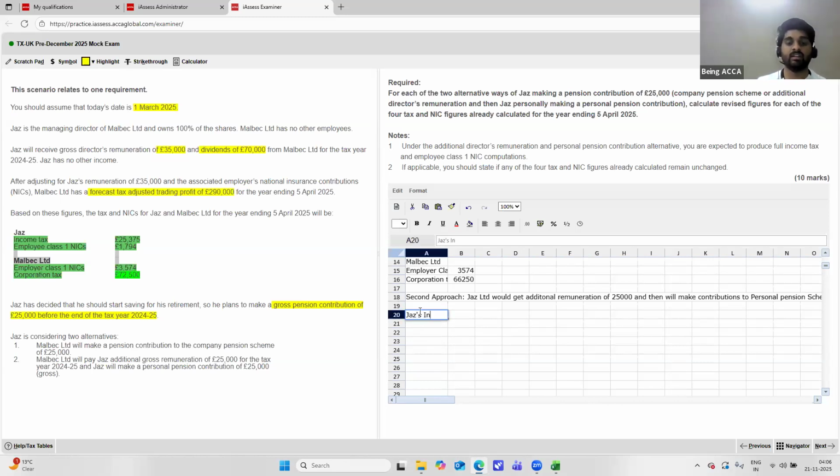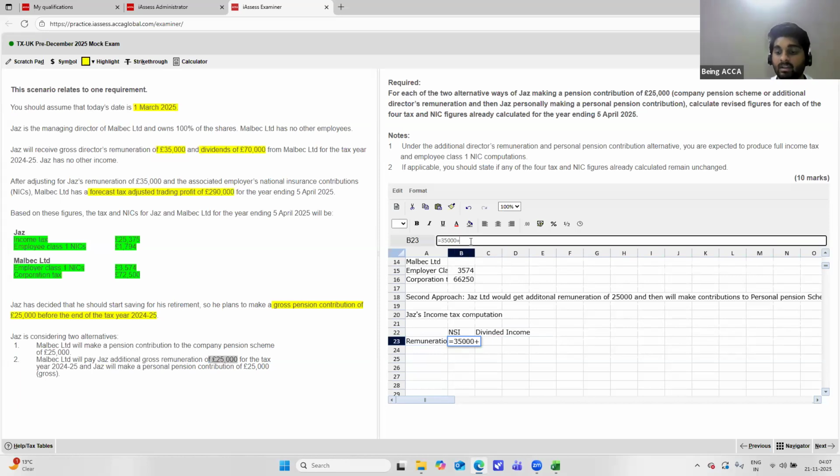What we'll do first is Jazz's income tax computation. Now, what is happening? There are 2 types of income. One is non-savings income, which is based on the remuneration, and the other is based on the dividends that they have. So always present your calculations in this manner: dividend income. So here, remuneration. How do you calculate it? It is equal to 35,000 plus the increase in remuneration of 25,000. So that is what you'll be taking here, plus 25,000 would be the non-savings income.